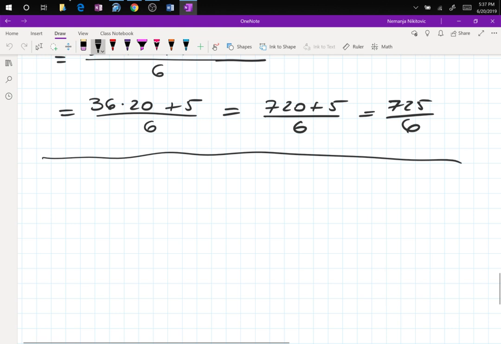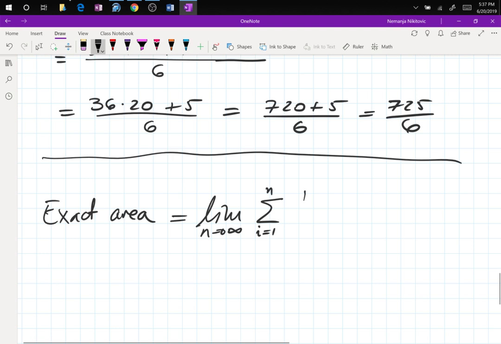Let's do more of these. What we just discovered, guys, is that the exact area is given by the formula limit n goes to infinity, summation i goes from 1 to n of f of x_i delta x, which is at the same time the integral a to b f of x dx.